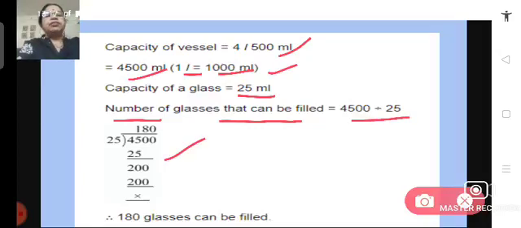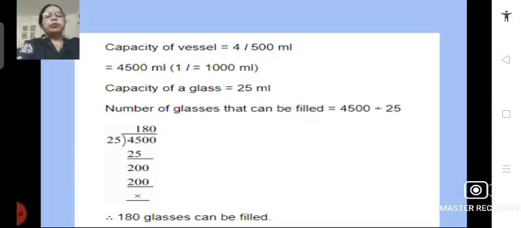So we do the division. Here we have shown, 25 divides 4500. What do we get? We get 180. It is exactly divisible. So 180 glasses can be filled by the curd, which is 4 liters 500 milliliters.